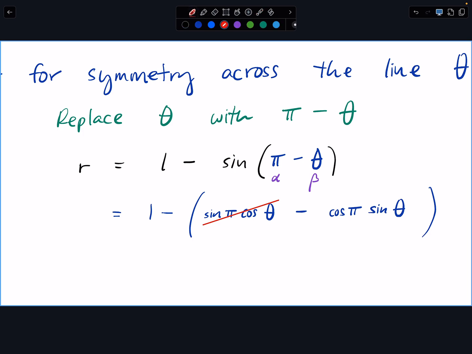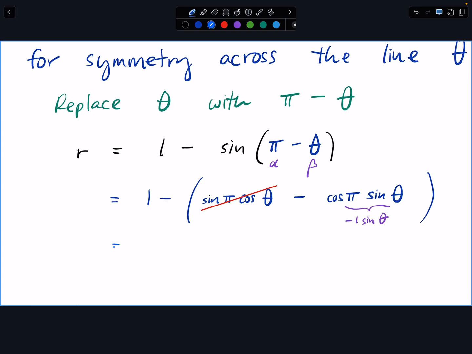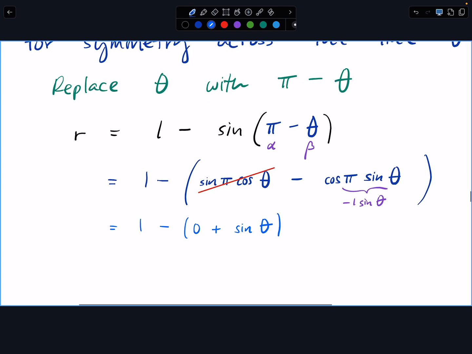So this right here is just -1 sine theta. And since I have a negative here, this becomes positive. So this becomes 1 minus 0 plus sine theta. If I simplify that, what do I get?